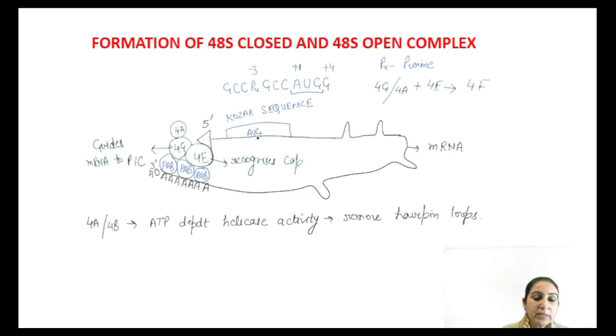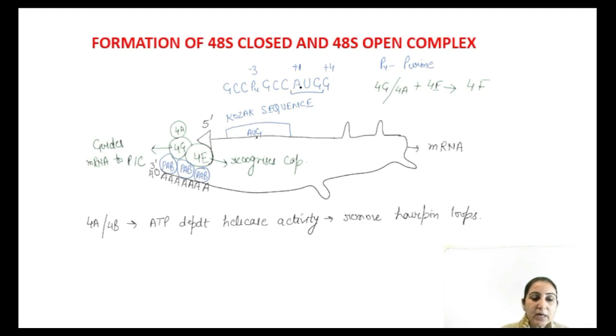Now here is our start codon, or AUG. This codon is surrounded by a Kozak sequence. The Kozak sequence is the consensus sequence present in the eukaryotic cell. So let's see what the Kozak sequence actually is.